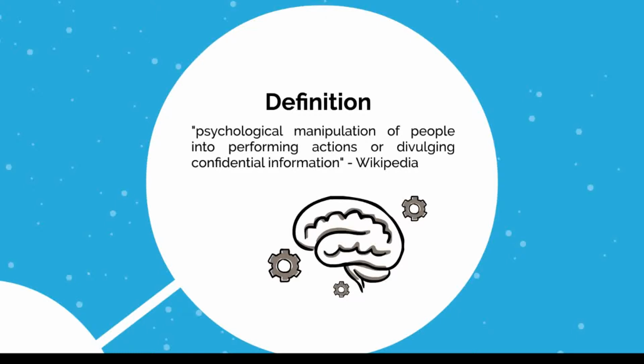The human weakness includes curiosity, laziness, and of course, greed. With them, the hackers could successfully persuade or mislead people to perform specific actions or give away their personal details.